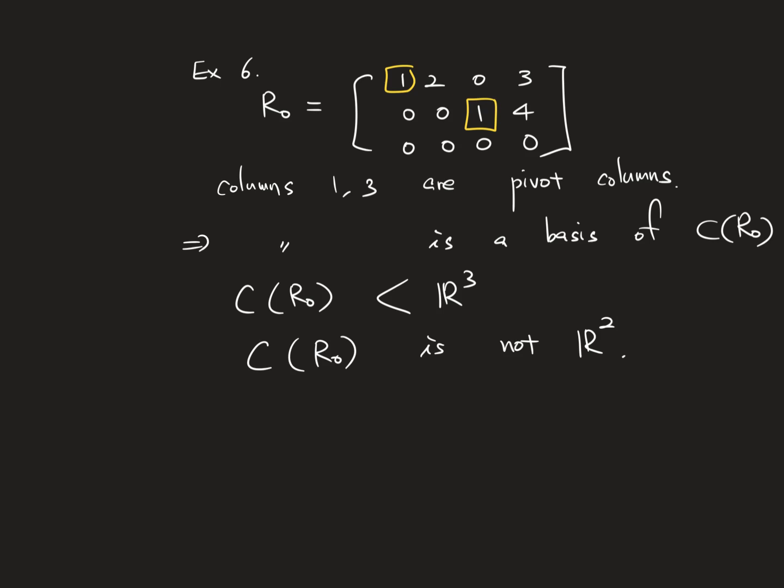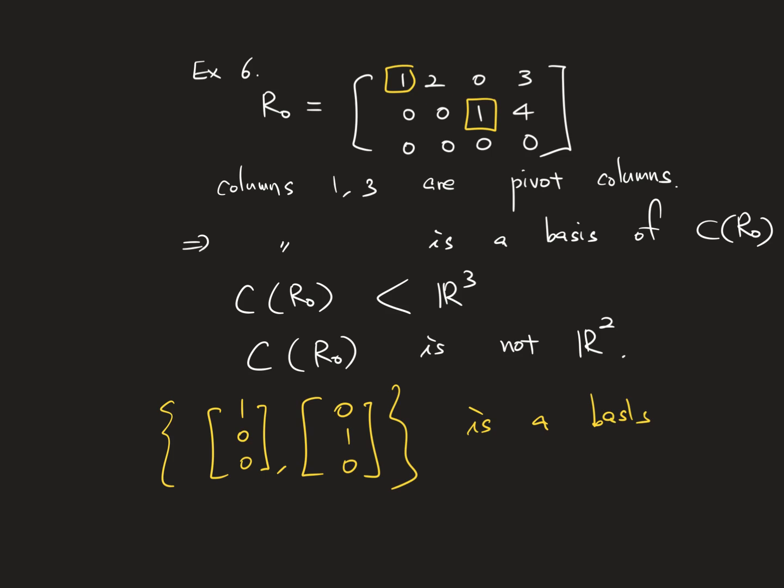We didn't define dimension, but now we can define that. The dimension of a vector space is just the number of vectors in a basis. So what I mean is that (1, 0, 0) and (0, 1, 0) is a basis of C(R0), the column space of R0.